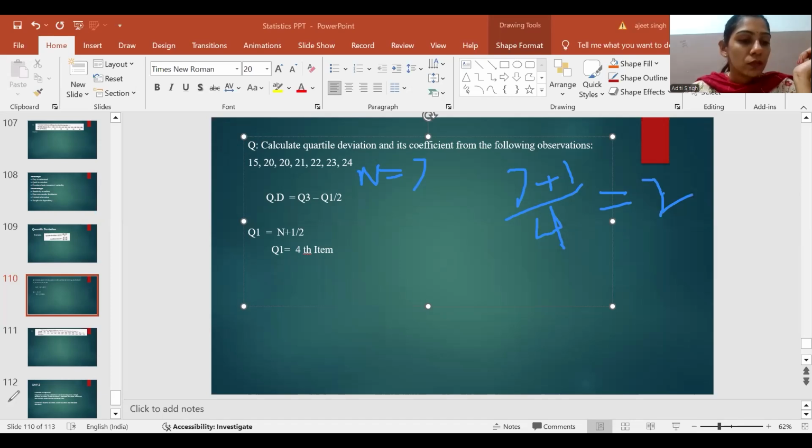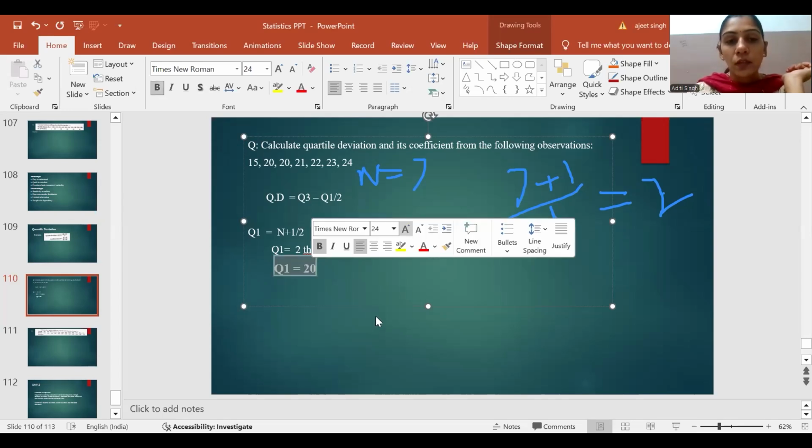So this is the 2nd item. What is the 2nd item? It is 20. So the value of Q1 is equal to 20. Okay, so this is how we will calculate it.